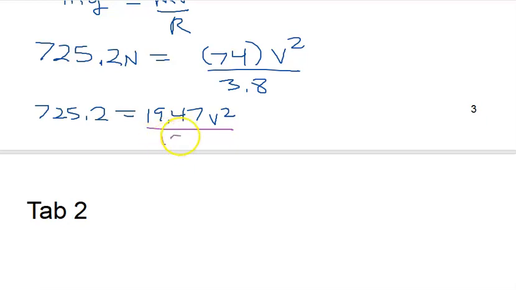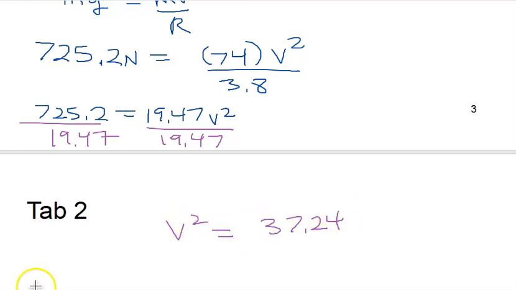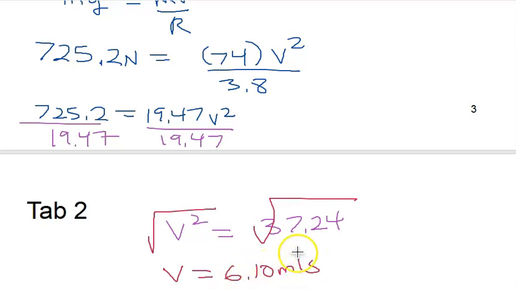Divide both sides by 19.47, and you get v squared equals 37.24. Take the square root of both sides, and you get v is 6.10 meters per second.